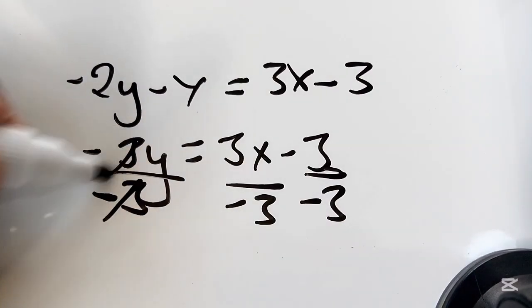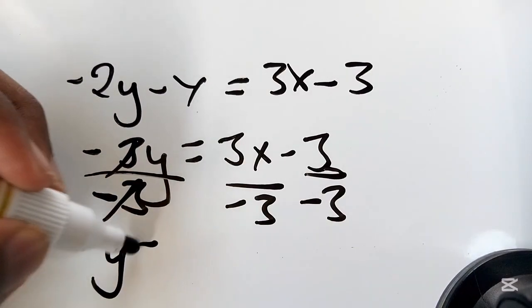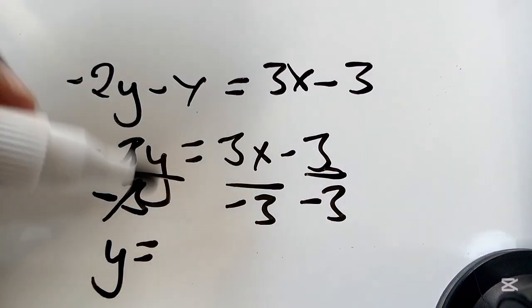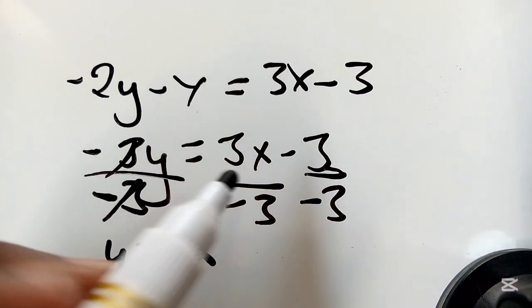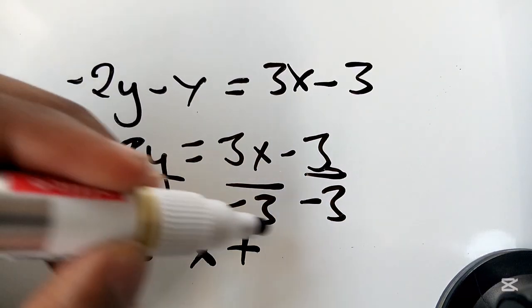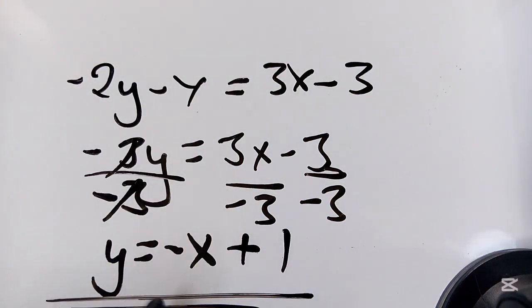So these will cancel, and then it's going to be y is equal to, 3 divided by negative 3 is negative 1, so we're going to say negative x. And then negative 3 divided by negative 3 is positive 1. So that's the equation of the line using the third method: y is equal to negative x plus 1. See, that's how simple it is.